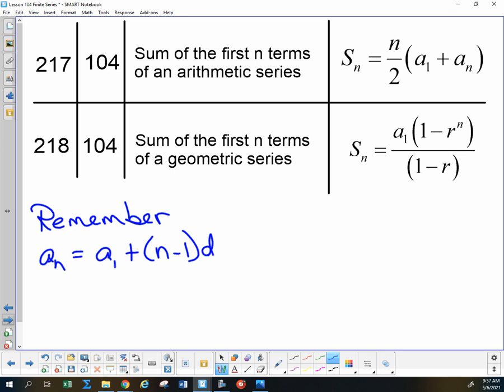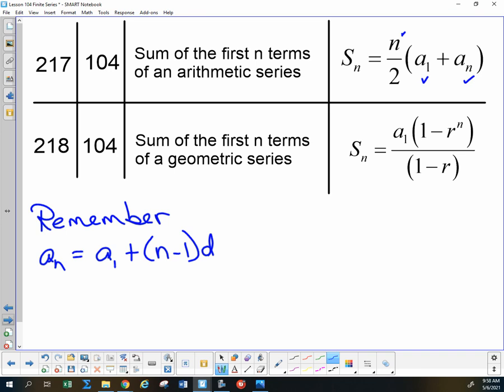So if they don't give us the last term, we could use that to figure out the last term. Or if they don't give us the first term, we could use that to figure out the first term, because in this formula we need first term, last term, and how many terms we have. And if they don't give us all of that clearly, we have to use that other formula to figure out what's missing.